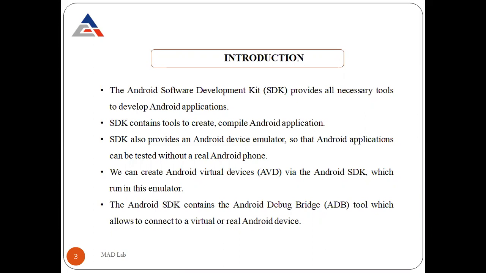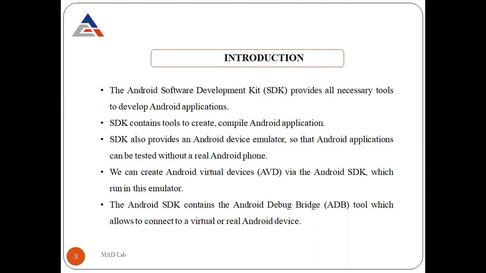So emulator is a virtual mobile phone with the help of which we can find the output of our application and check that whatever we have designed in the application is giving us good results. This is what an emulator is.